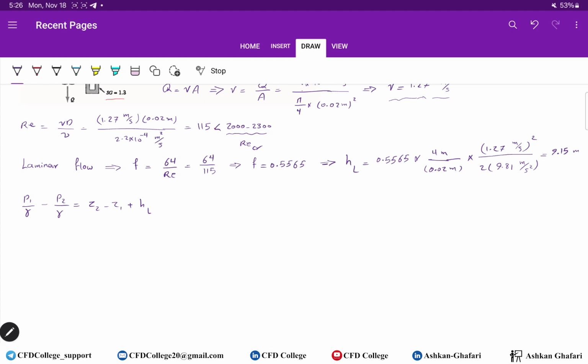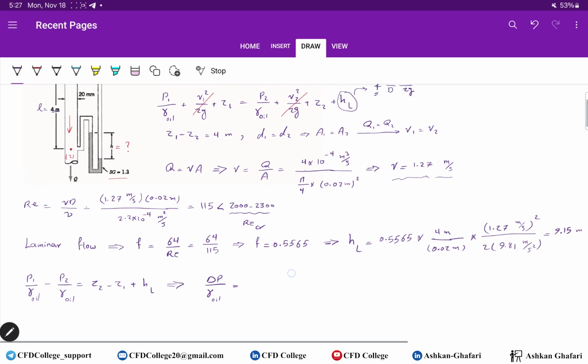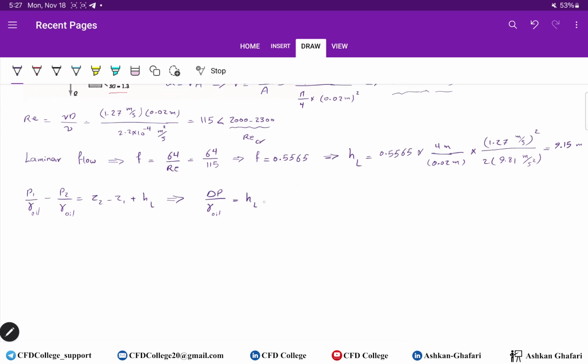So delta P over gamma, this is the gamma of oil, equals HL minus L, since Z2 minus Z1 is minus L. And so it's equal to 9.15 minus 4 equals 5.15.